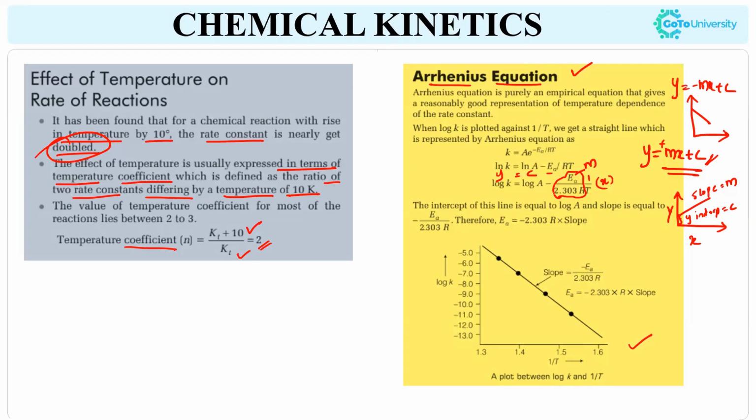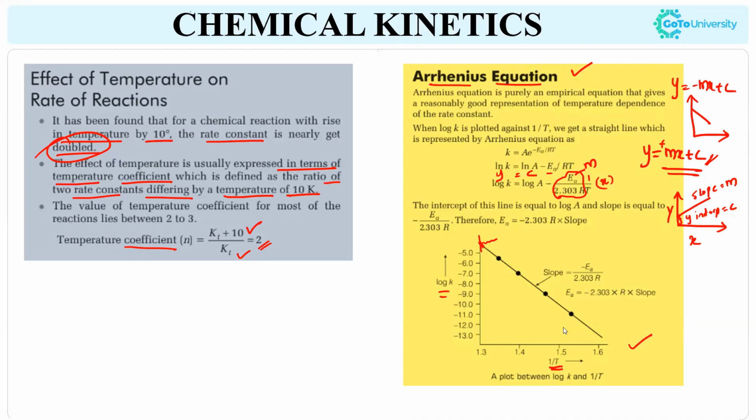So if you compare this equation with this one, you can draw the graph for the Arrhenius equation like this: the 1 by T is the x value here, log k is the y value. This is the y-intercept c, wherever the line meets the y-axis, and this is having a negative slope. This is the graphical representation for the Arrhenius equation.